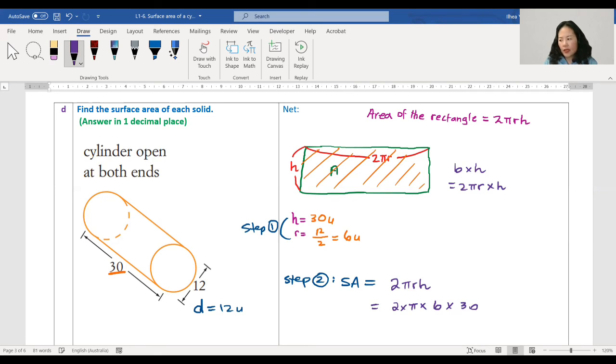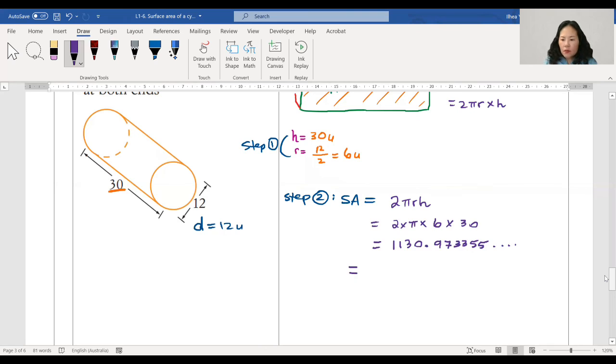So put all that in your calculator, I will get 1,130.97355... So I want it to be in 1 decimal place.